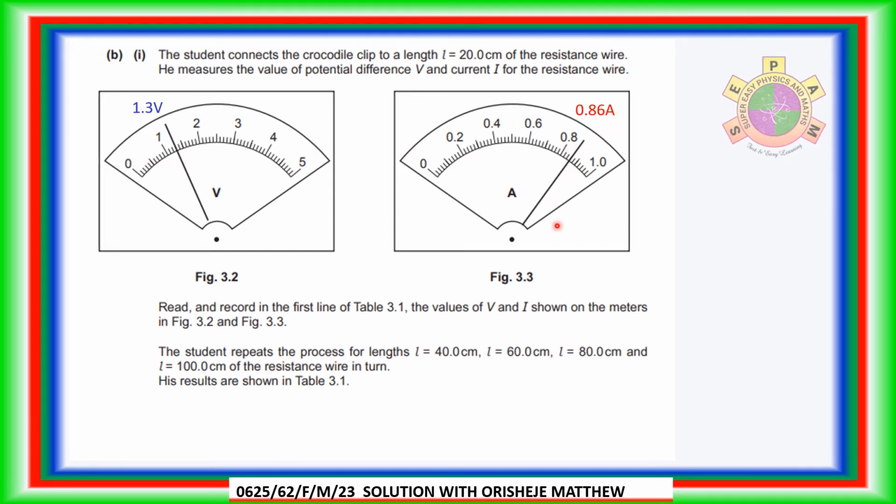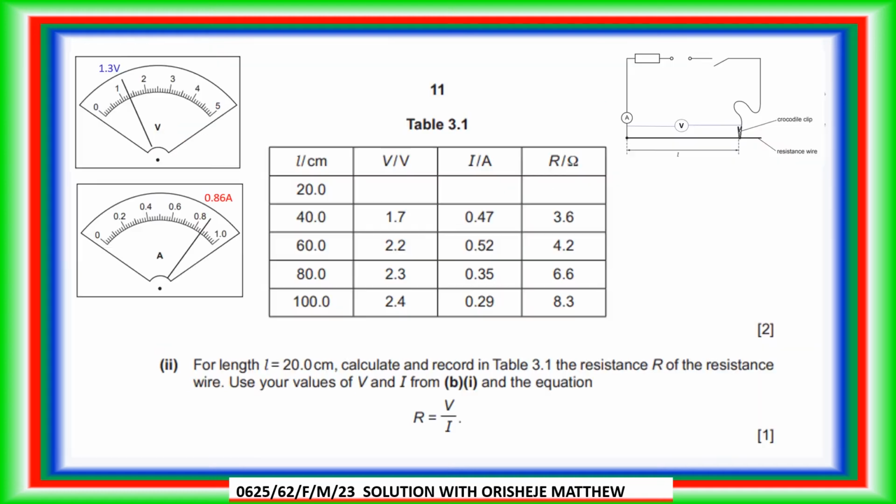So if you look at this reading, then read out the first line of the table. The student repeats the process for the length of constantan wire for 40, 60, 80 and 100 cm. His results are shown in the table below.